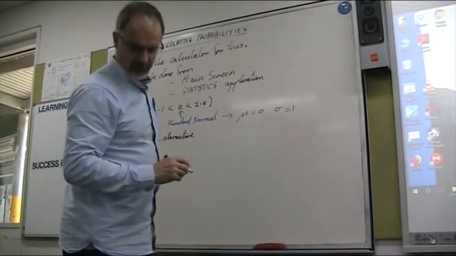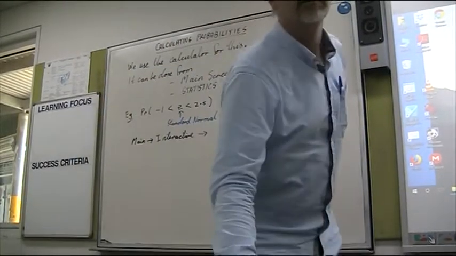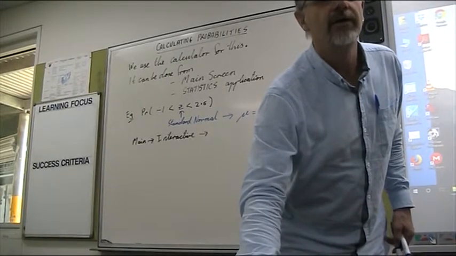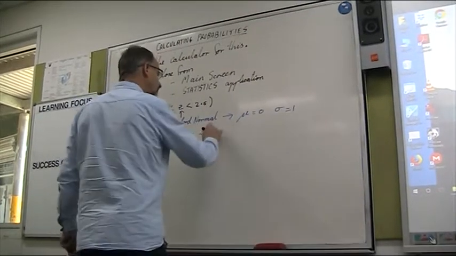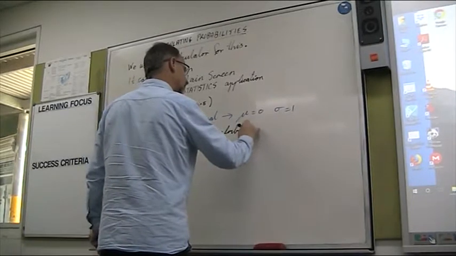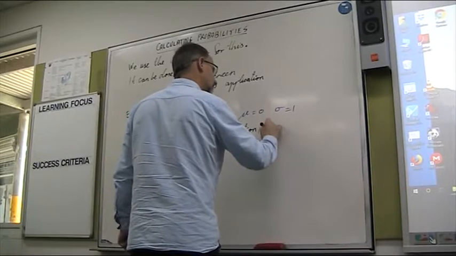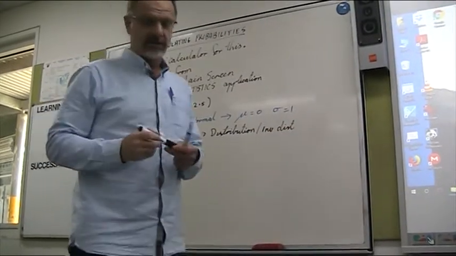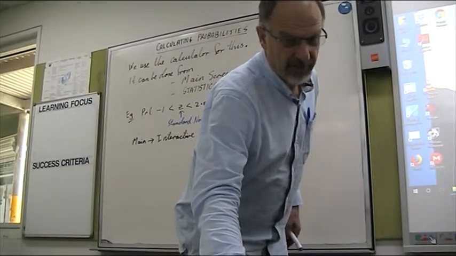Then on the interactive menu, so the main screen, interactive menu, then you've got distribution, inverse dist. And so you click on that and you'll see a bunch comes up.